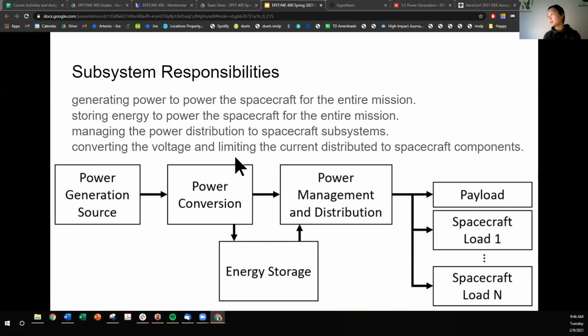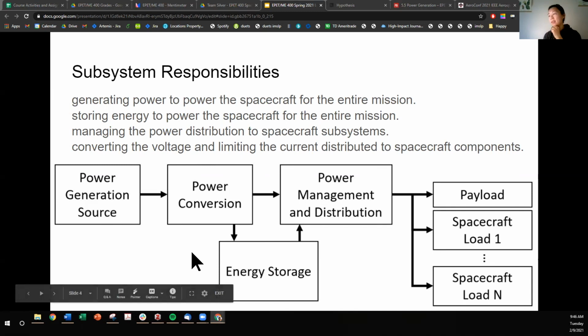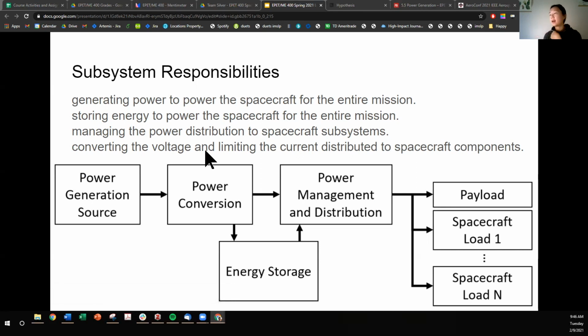And then there's some conversion, or some engineers call it conditioning, where you have to regulate this incoming power to something that the power management system will like. This manifests in that solar panels can generate power at some voltage, but you need to convert this to some kind of voltage line in the power management and distribution.